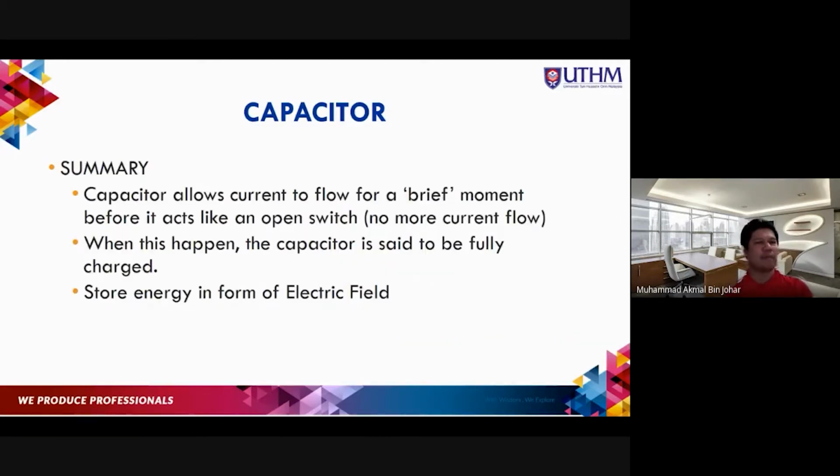I think we stopped here last week, where we concluded that a capacitor allows current to flow for a brief moment, before it acts like an open switch with no more current flow.